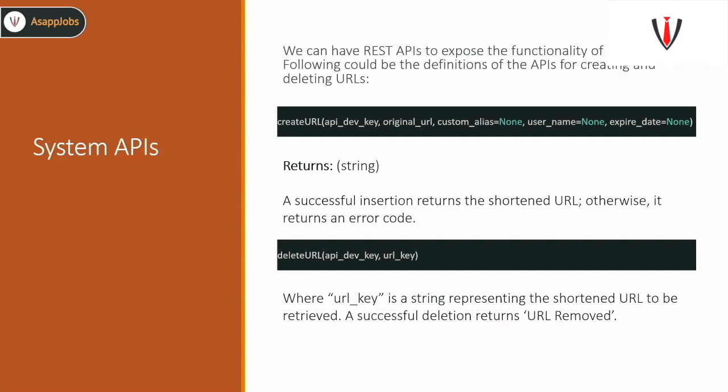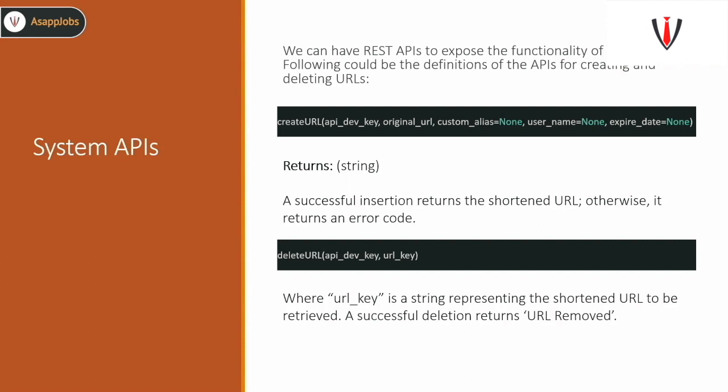and if there is an expiration date for that. These are things that the customer can set. By default they are none, and then you can have your algorithm accordingly. What we would return is a shortened string, or if there's some issue, we'll just return some error code. So that's like a function definition, sort of how these APIs are going to look. If someone wants to delete that URL from this service, they're just going to call a delete URL API or something like that.